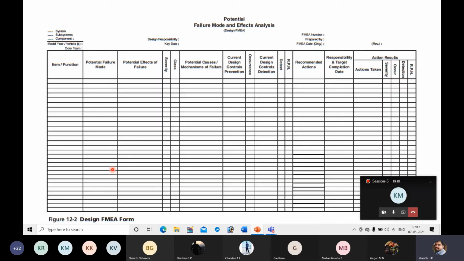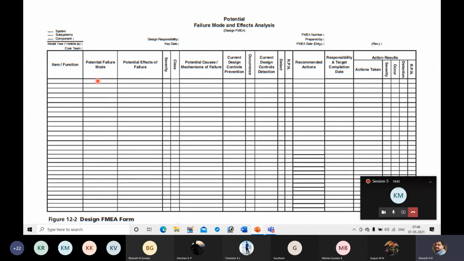Next, this is the form which is used to collect data regarding FMEA. This is a design FMEA form. If you consider any product, it consists of more than one component, so you have to list the part number or item, and if you are considering the functionality of that part, what function you are considering.